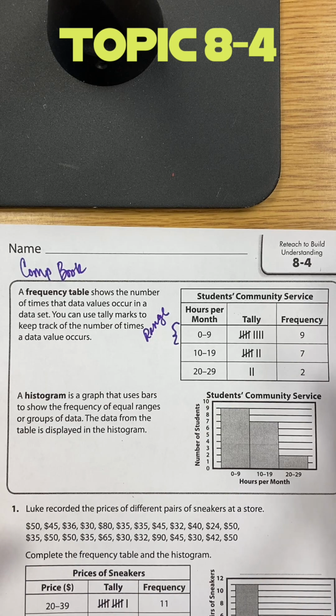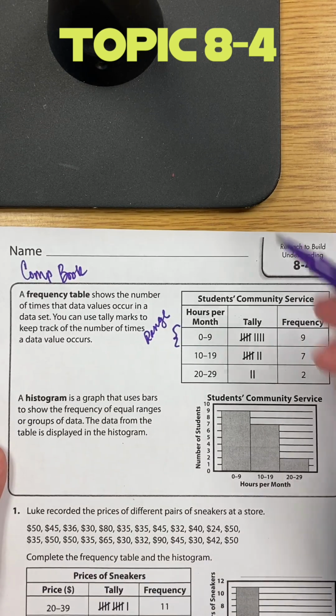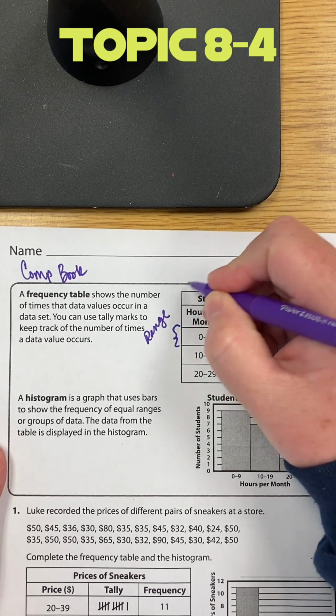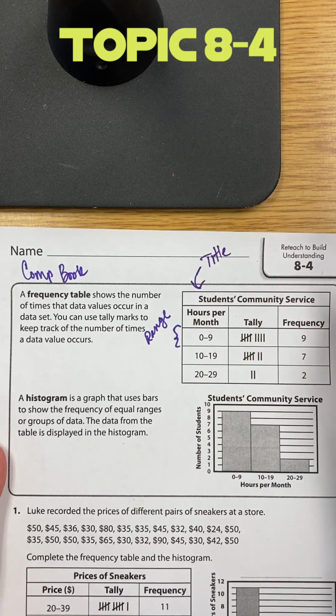And that's one of the things with data and representing: sometimes we can, not misinform, but we can persuade people in different areas because of the data. So a frequency table always will have a title, has to have the title because we need to know what it's about.